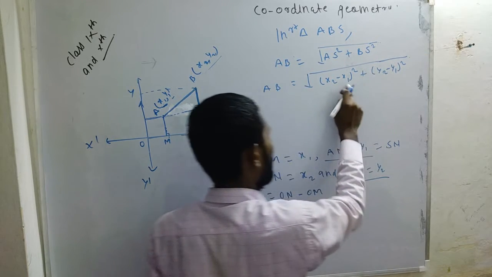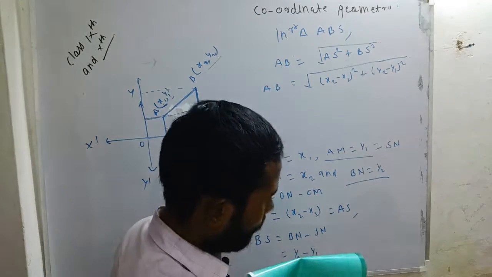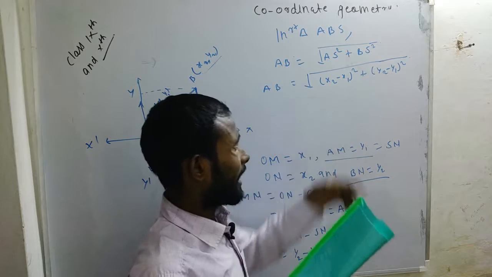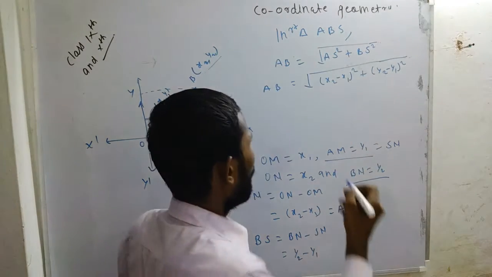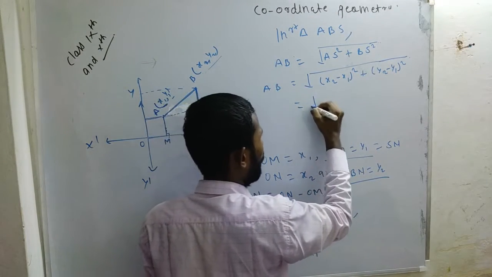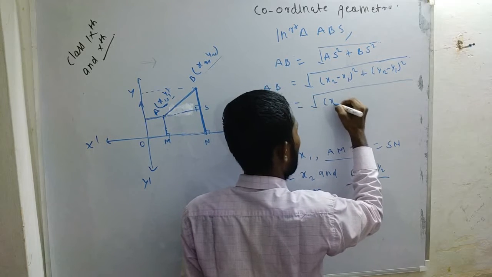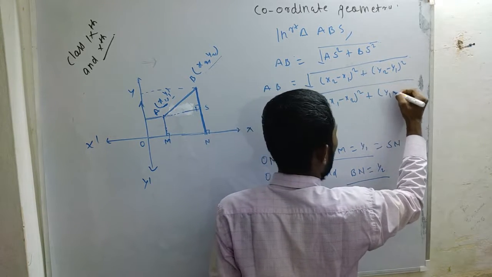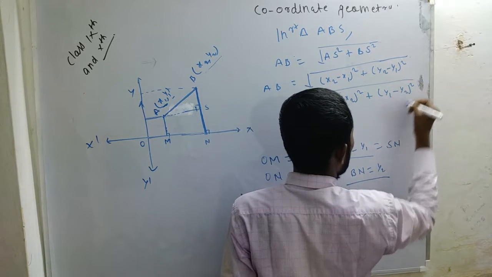Since x2 minus x1 whole square is the same as x1 minus x2 whole square, it can be written as x1 minus x2 whole square plus y1 minus y2 whole square.